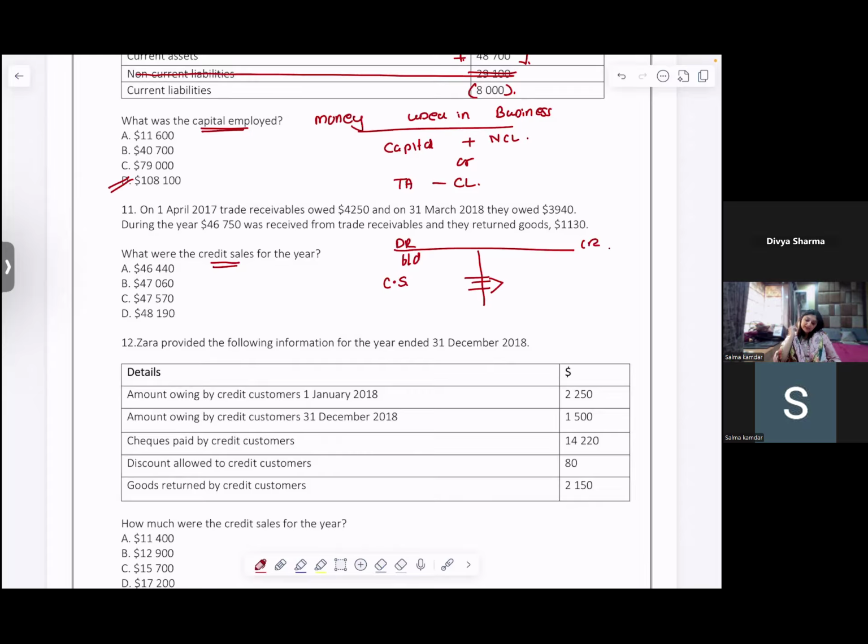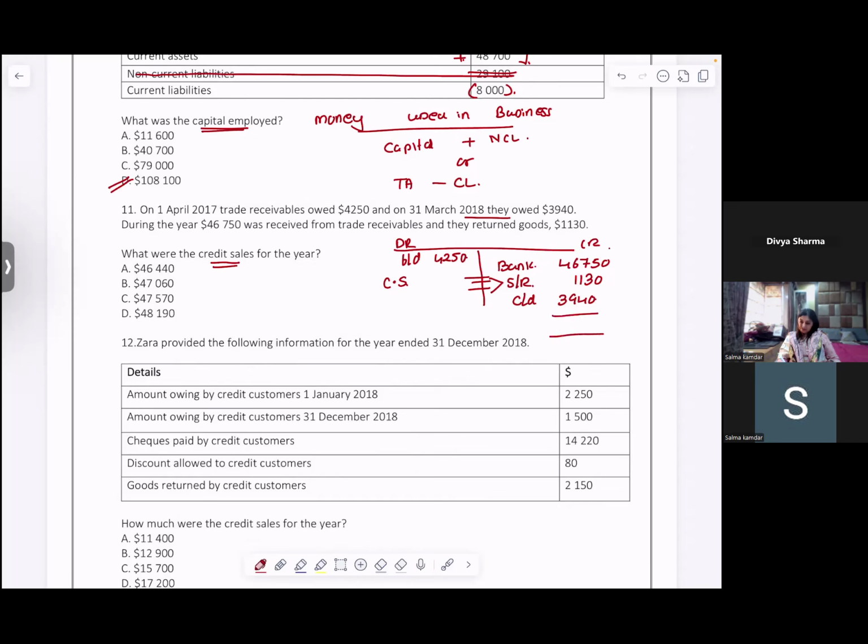Okay, so we start writing our opening balance, which is 4,250, and the closing balance is 3,940. Then he has returned goods for 1,130, and he has paid by bank transfer 46,750.